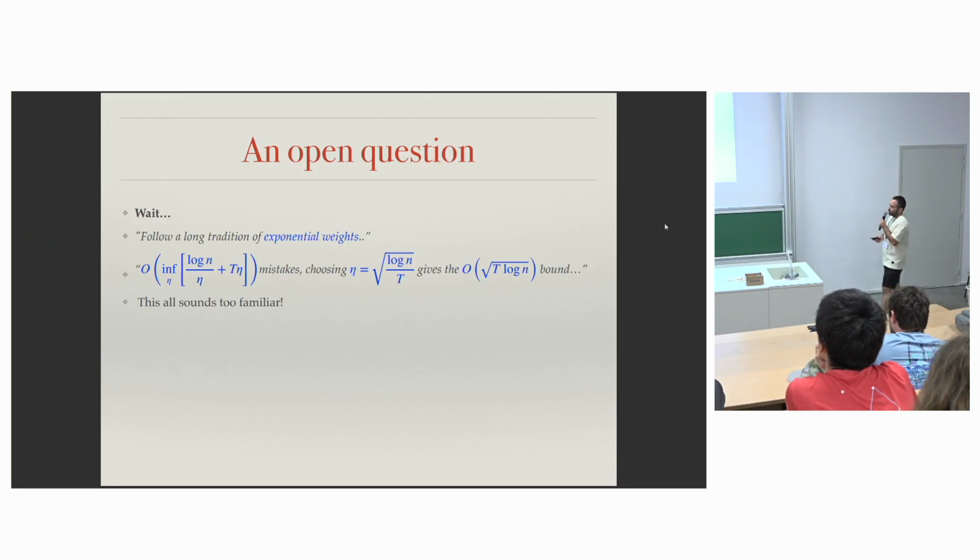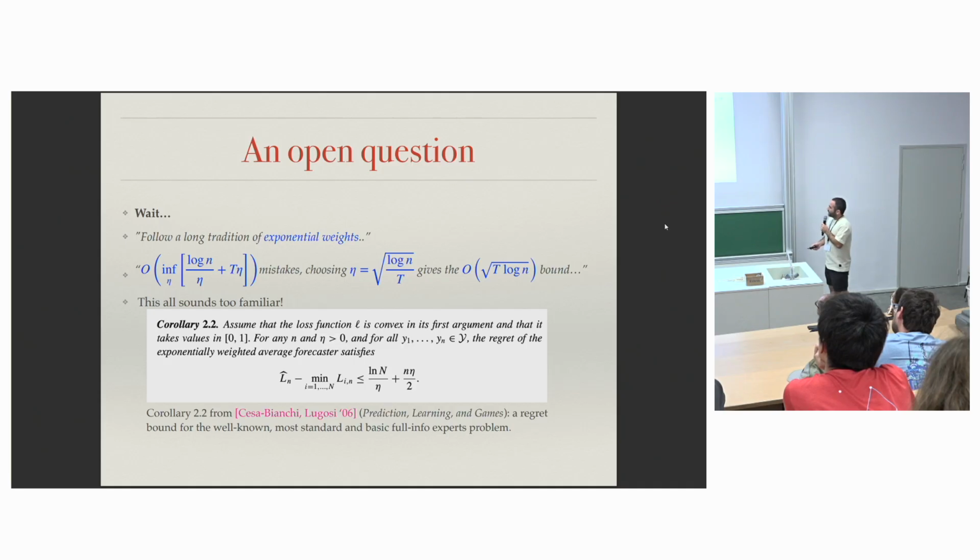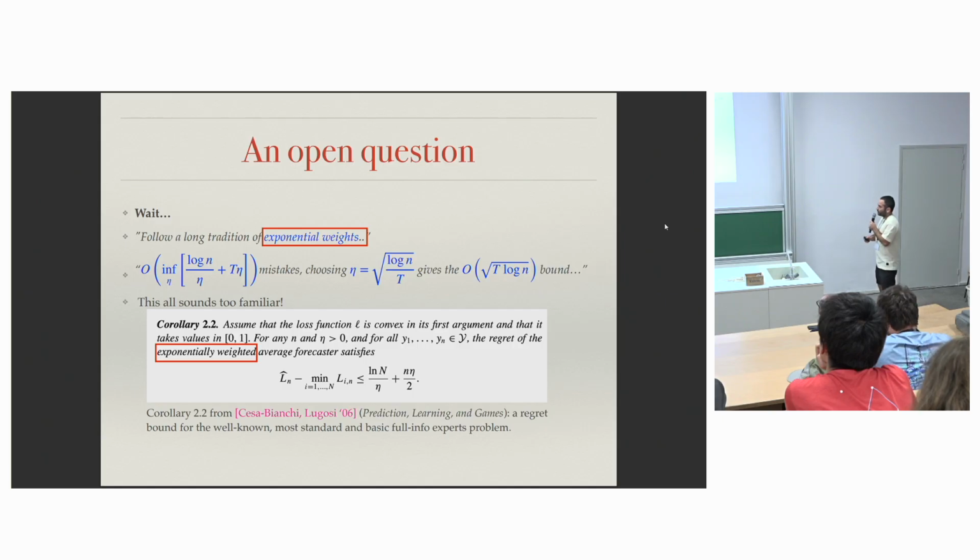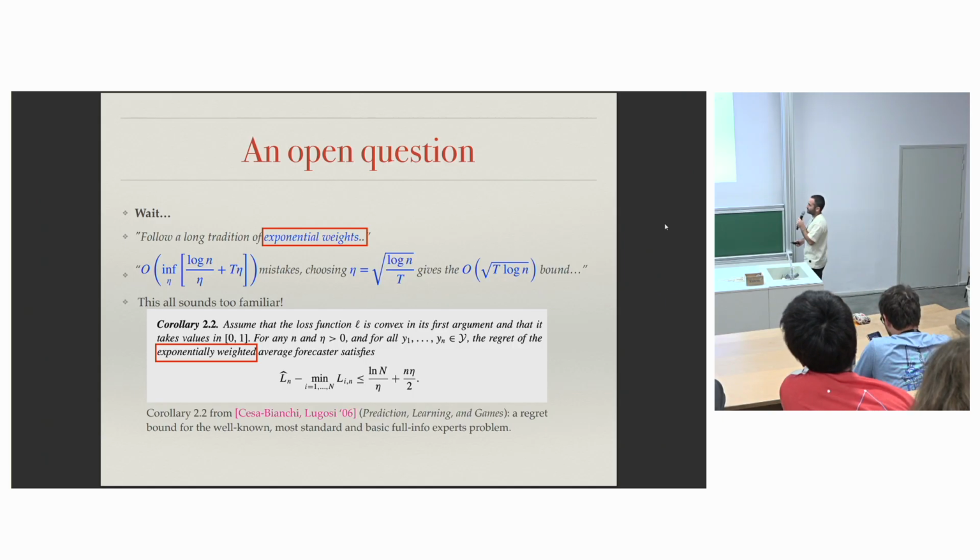So this probably sounds familiar to some of the people in this room. And indeed, this is a screenshot from the famous Prediction, Learning, and Games. This is one of the first results in this book, giving a regret bound for the most basic full information expert setting.